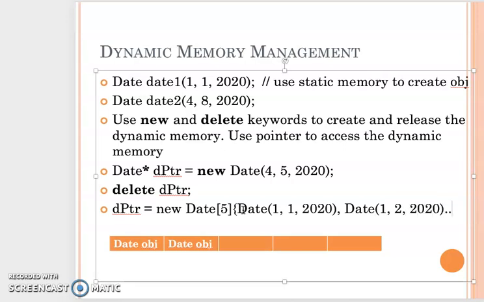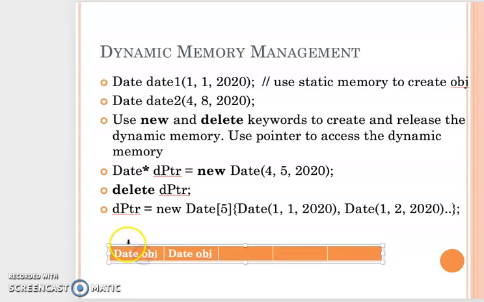We continue to have the 5. So when we do this, you have your pointer referring to the whole array.